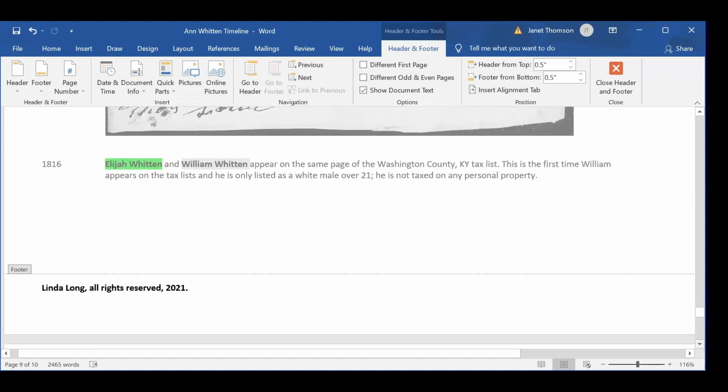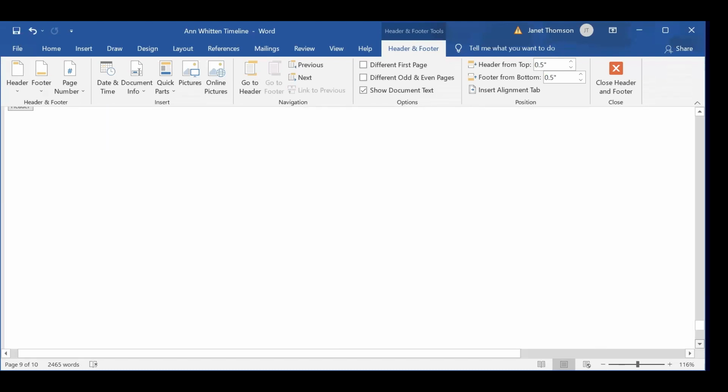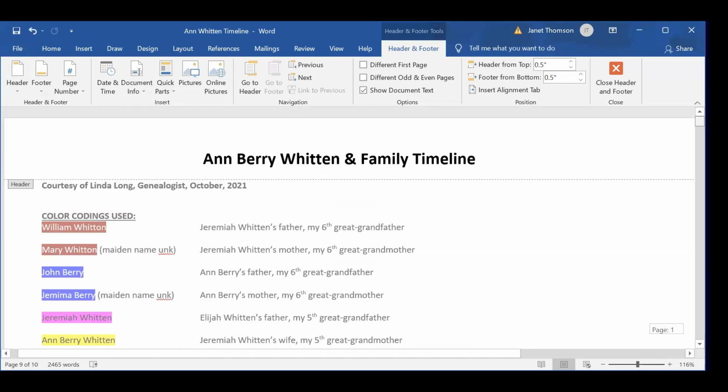And Elijah Whitten then appears in Washington County, Kentucky tax lists. And he's the only male over 21 not taxed for any personal property. So you can see what you can begin to do with a particular piece of information like this as you begin to piece that together, and maybe eventually Linda will find things even earlier in some of those early Virginia counties and be able to add things in.